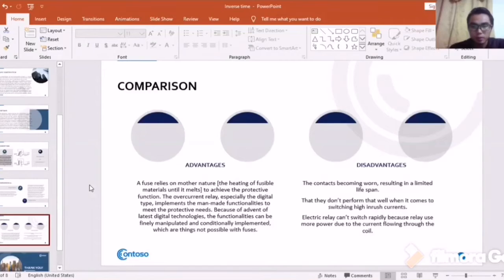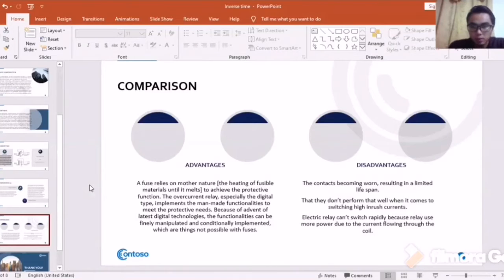Because of the advent of the latest digital technologies, the functionalities can be finely manipulated and conditionally implemented, which are things not possible with the other type. Okay, how about disadvantage?